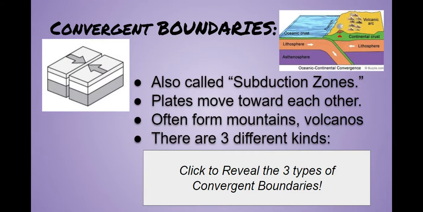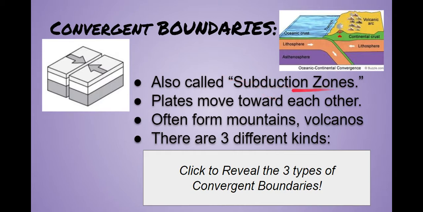The last type of plate boundary is called a convergent boundary. Convergent means come together, where these two plates, when they come together, lots of different things can happen. So you may see them called subduction zones.